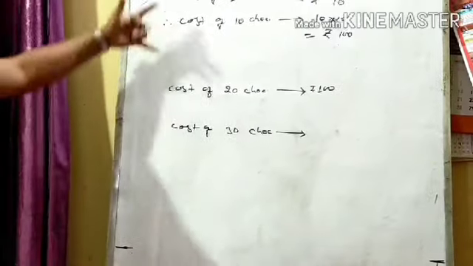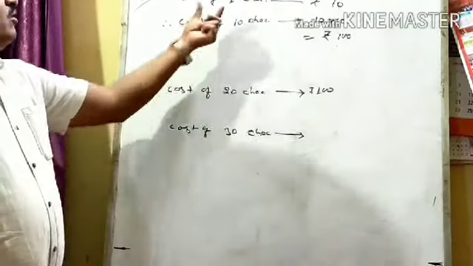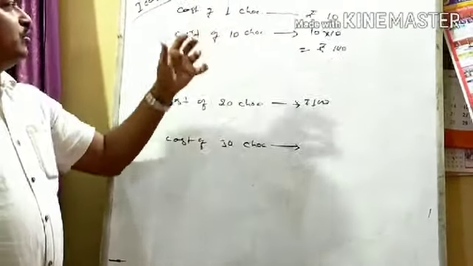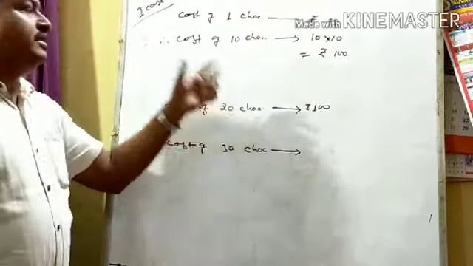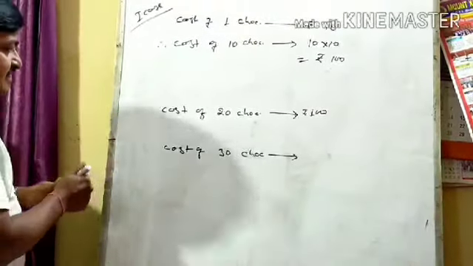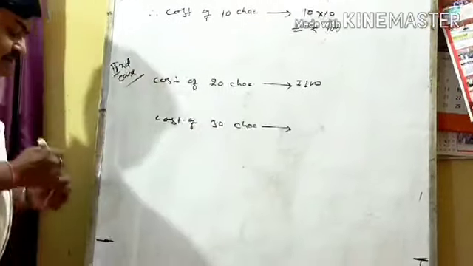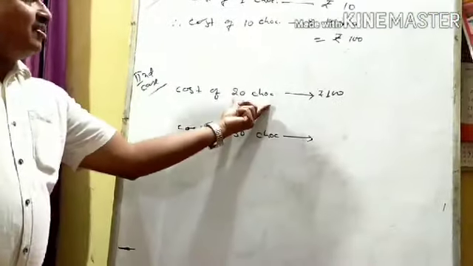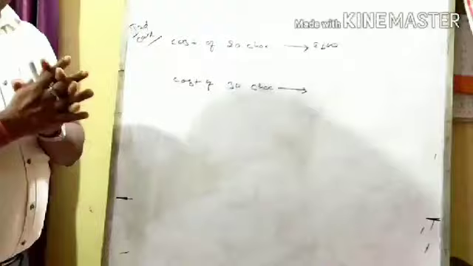See, in the first case we know the price of one chocolate, that is 10, so it is very easy to calculate the cost of 10 chocolate. But in the second case, the cost of 20 chocolate is given, that is, rupees 100. Then what will be the cost of 30 chocolate?